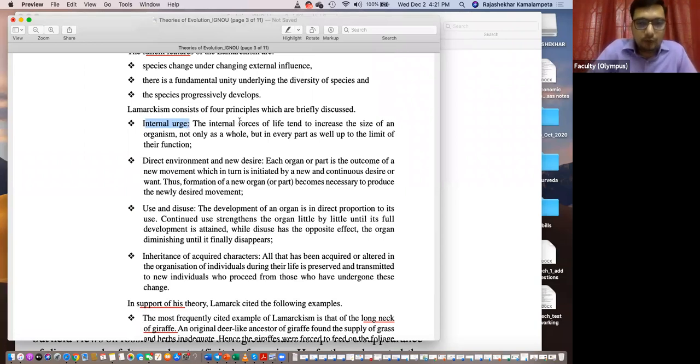The internal forces of life tend to increase the size of an organism. So internally, if you want to grow, you grow. He thought there is an inherent instinct in us, or some internal forces acting to increase the size of an organism. It is not only the whole organism growing, but even part-wise. Every part can grow up to the limit of its function.